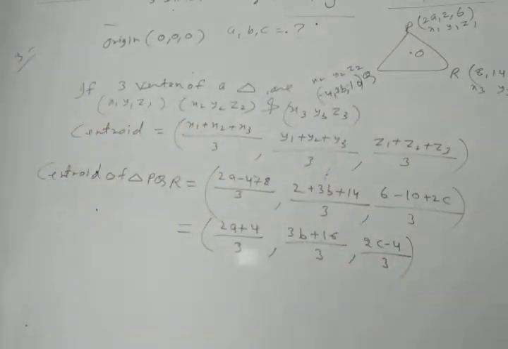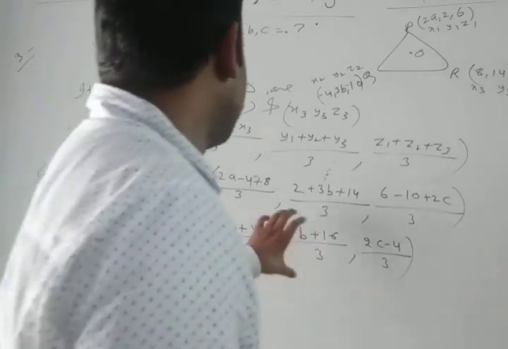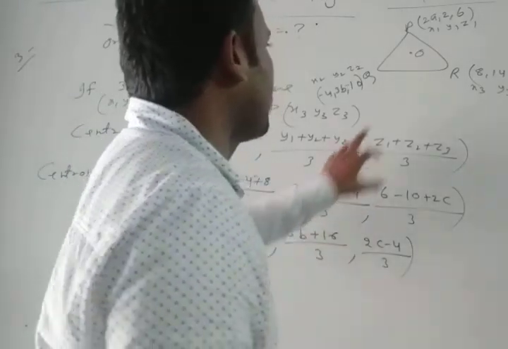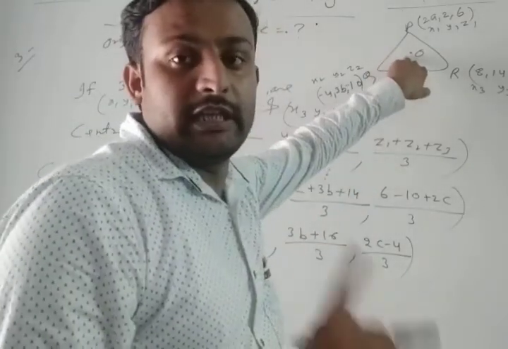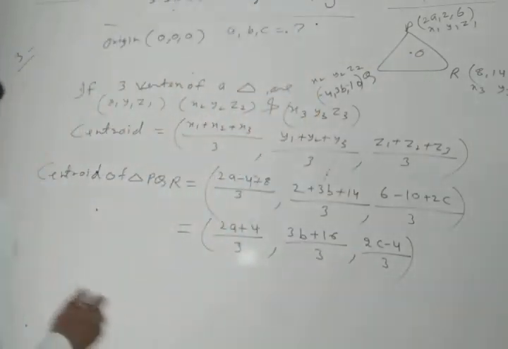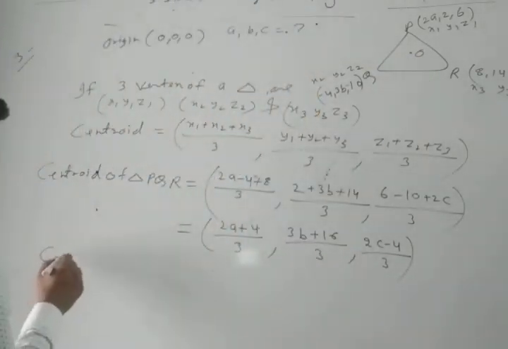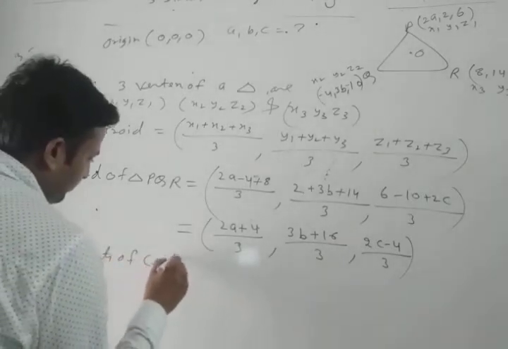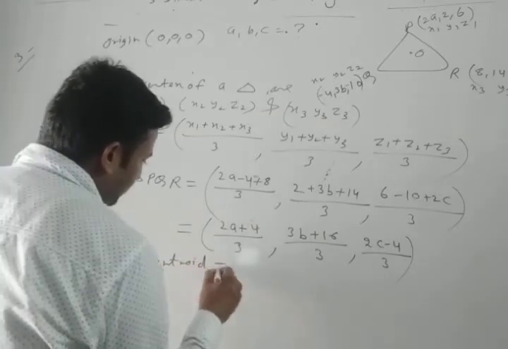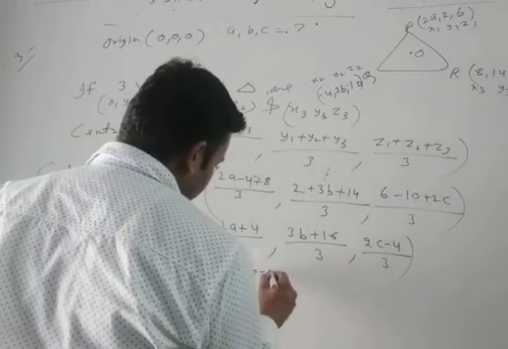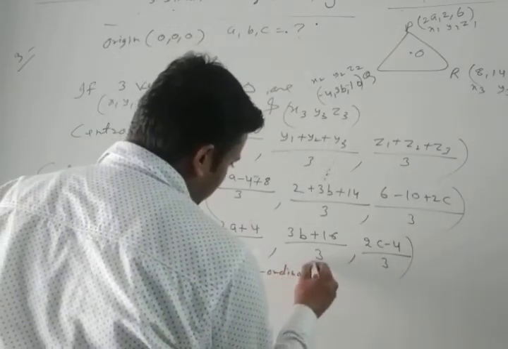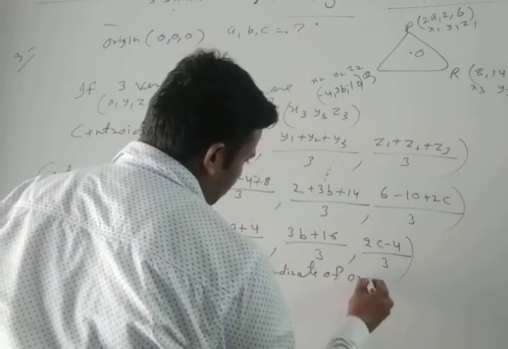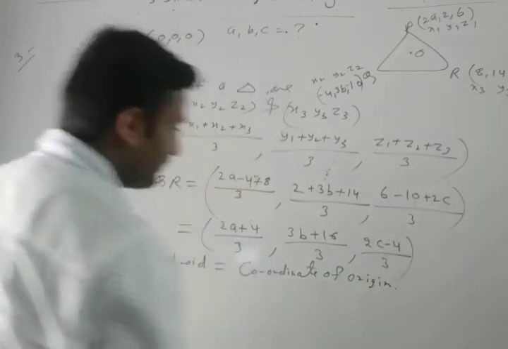Now in the given question we have to say that this coordinate of the centroid is the coordinate of origin. So coordinate of centroid is equal to coordinate of origin.